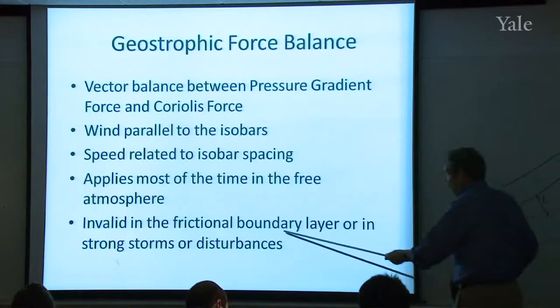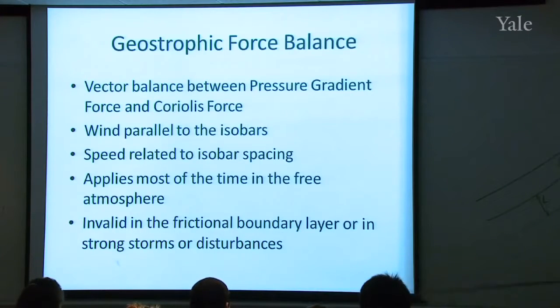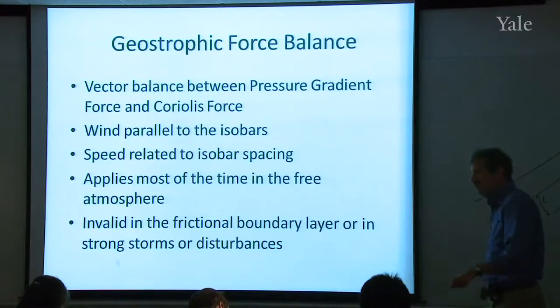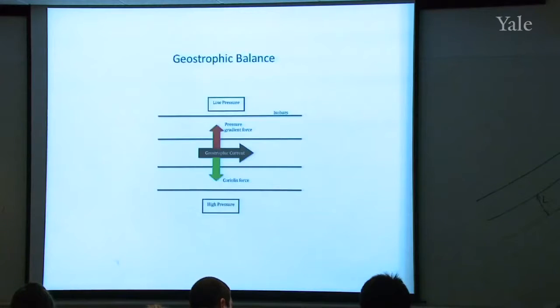It is invalid, however. You do not have geostrophic force balance down in the frictional boundary layer where there's a lot of turbulence, or in strong storms or other disturbances. So it's not universally applicable, but it's widely applicable.